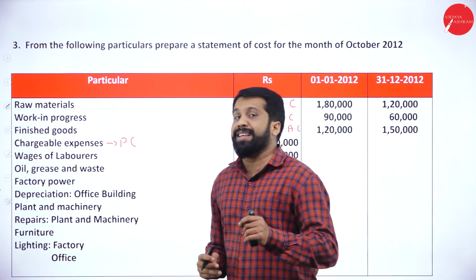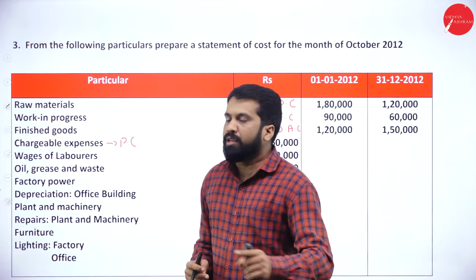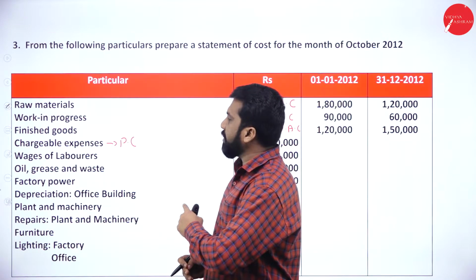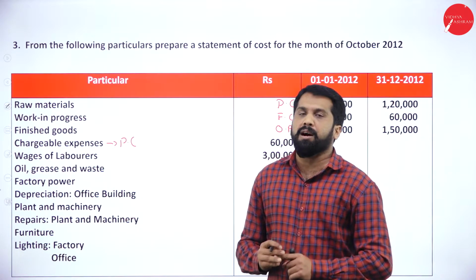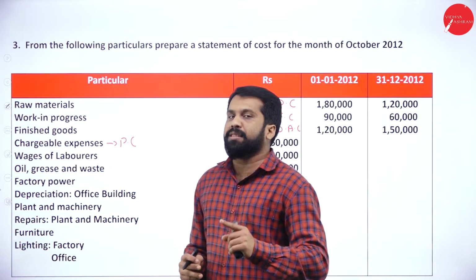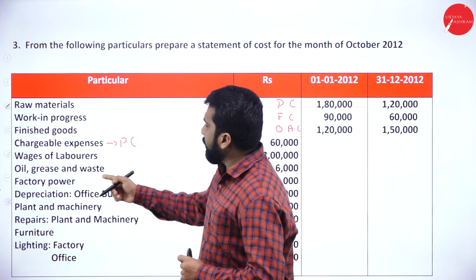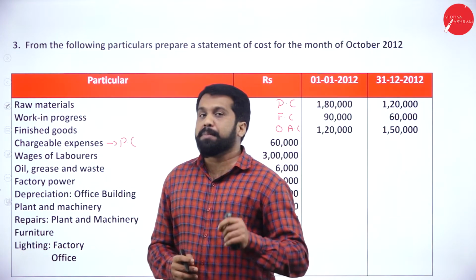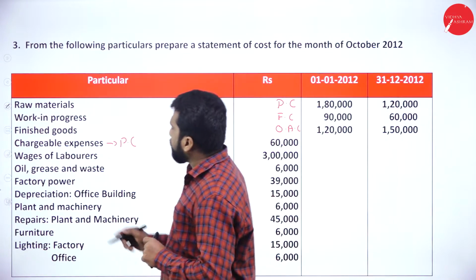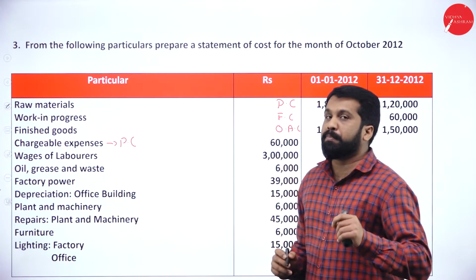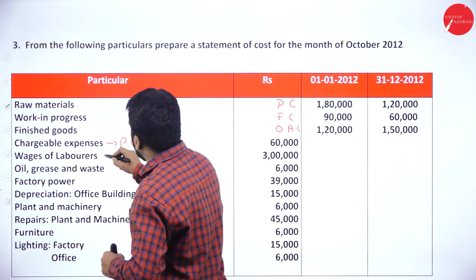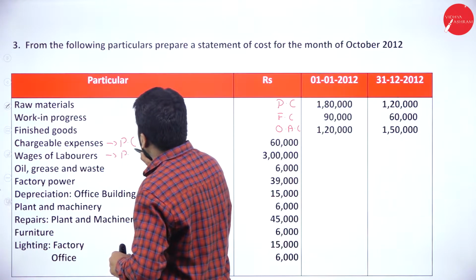Have they mentioned indirect wages? No. If they are not mentioned, we have to assume it as direct wages. Indirect wages come under factory cost and direct wages come under prime cost. Since they have not mentioned it as indirect, this will be prime cost.